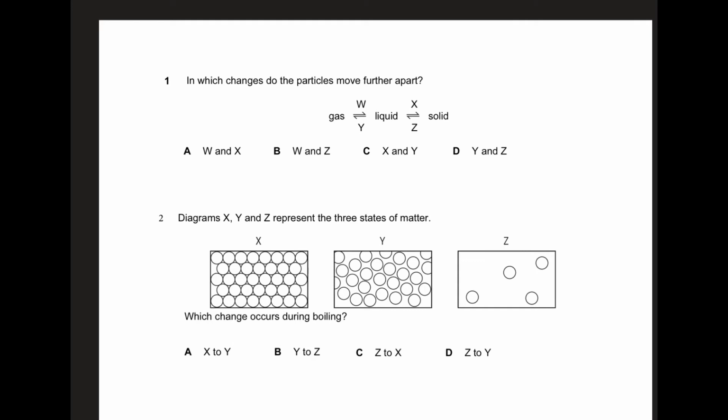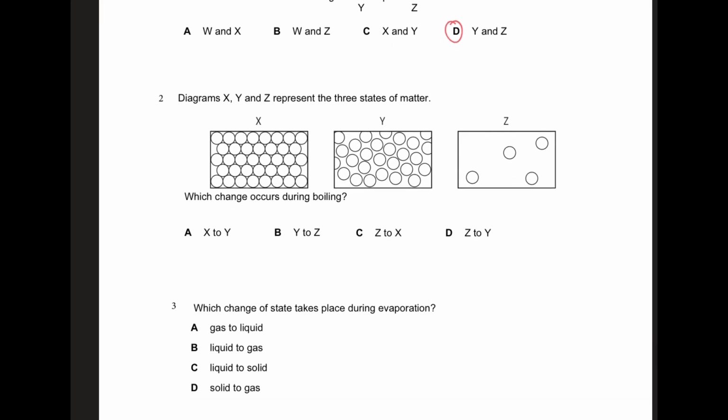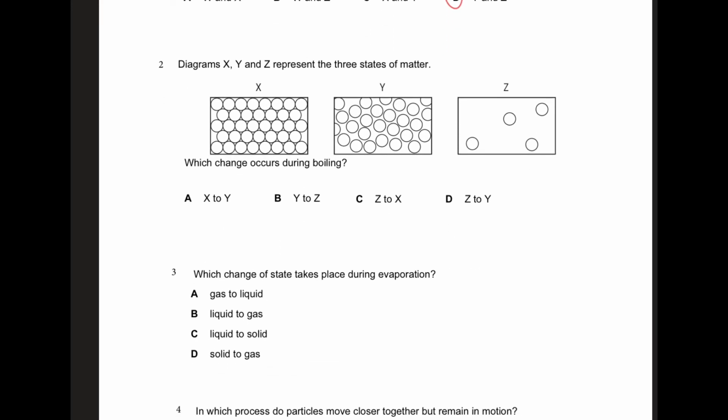I think Y and Z, correct. Basically Y is boiling, Z is melting. So in boiling and melting, the particles are moving further apart.